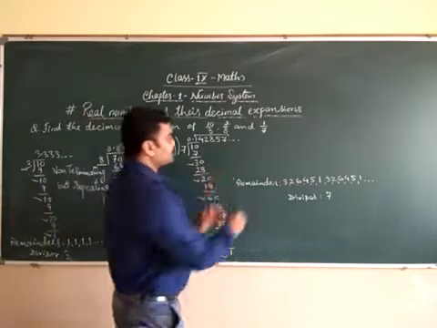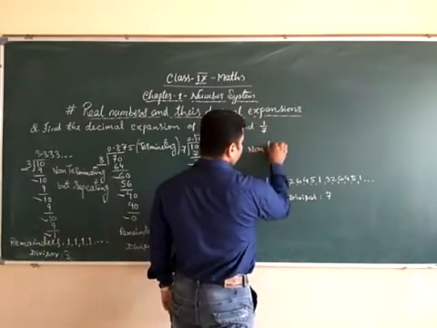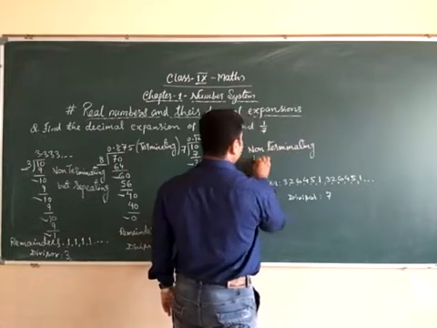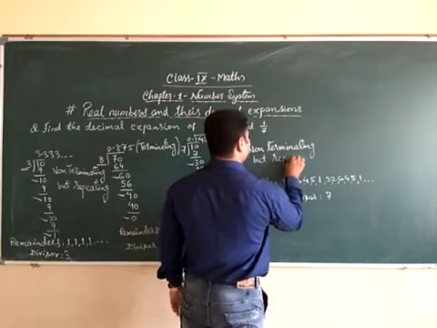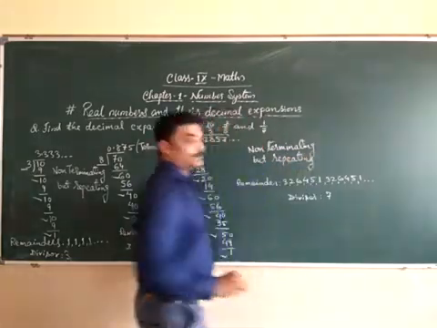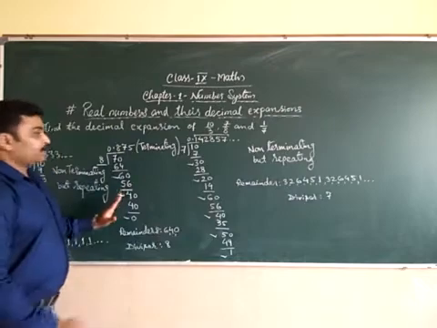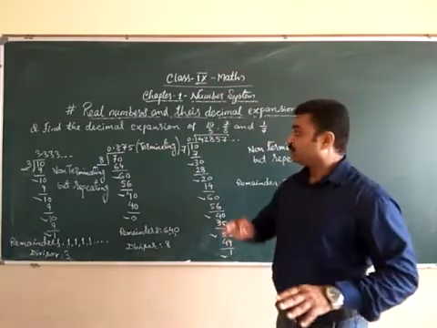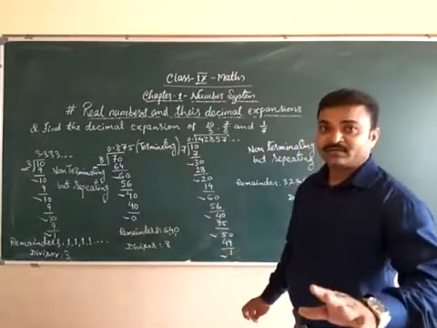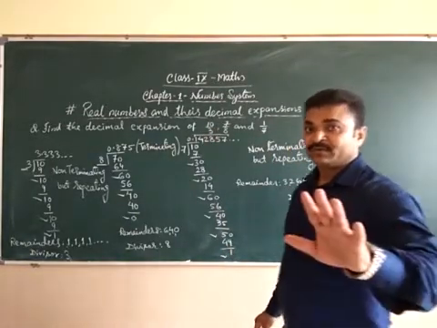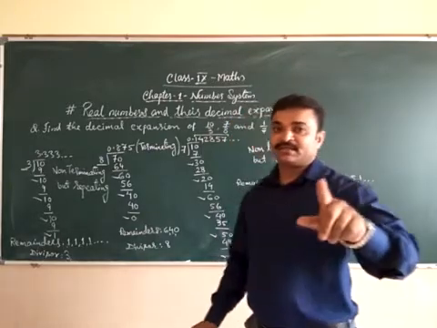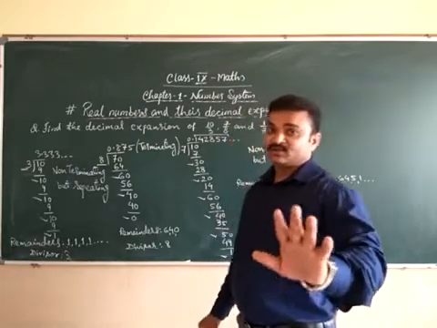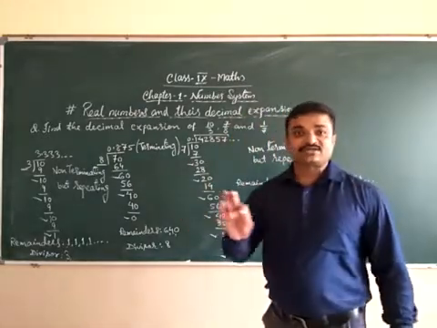Same case here also, non-terminating but repeating. That means non-terminating but repeating and terminating decimals are of the form P upon Q, where P and Q both are integers and Q is not equal to 0. This is the type of rational number.